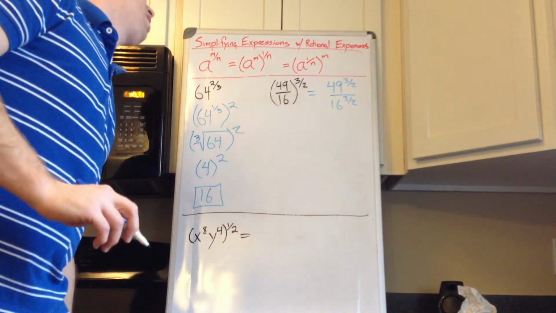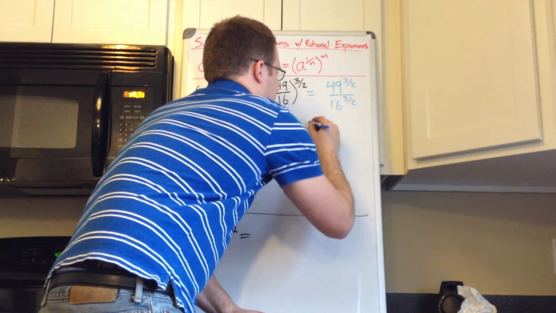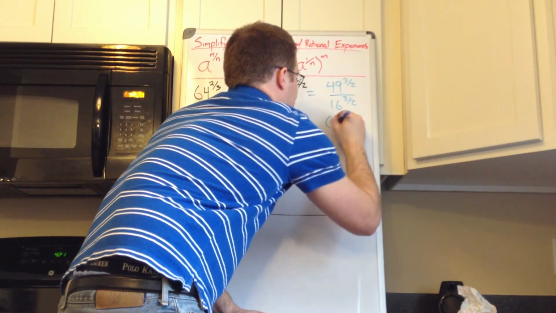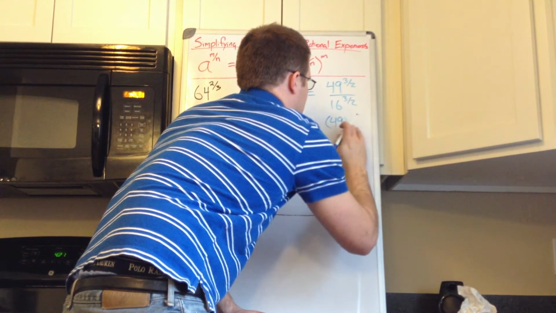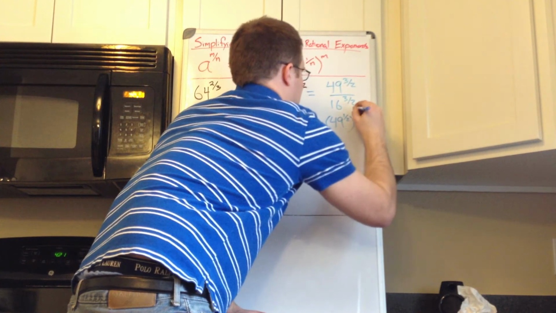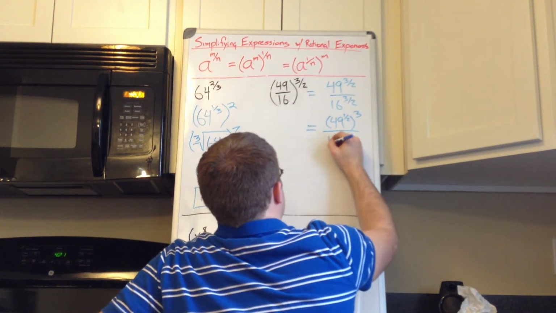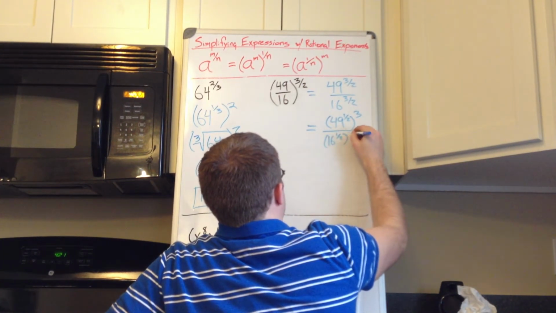Now I don't want to cube 49, I'd rather take the square root of it. So that's the order we're going to do it in. So we'll do 49 to the 1/2 and then we'll cube it. And on the bottom here we'll do the same thing, 16 to the 1/2 and then we'll cube it.